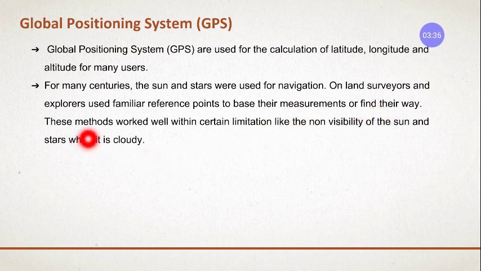These methods worked well within certain limitations. Whenever the moon and stars were visible, it was very easy to navigate. But if there was a cloudy or rainy season, the celestial bodies were not visible to us. At that time it becomes very difficult to know our location and our destination.